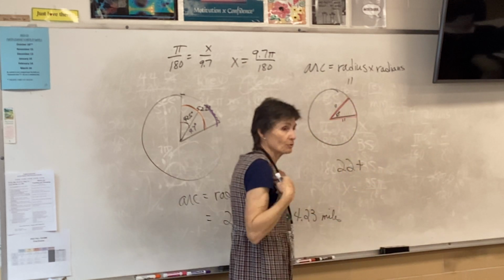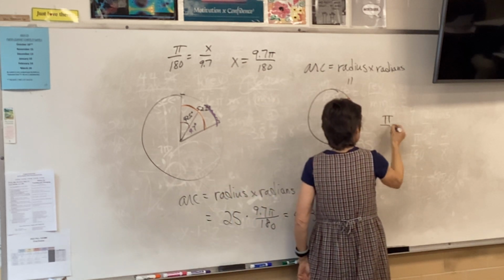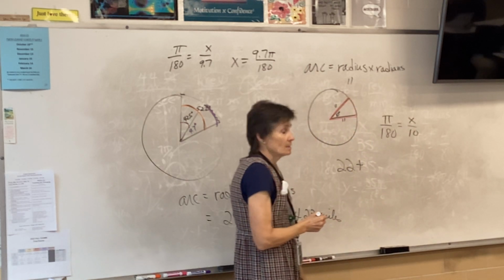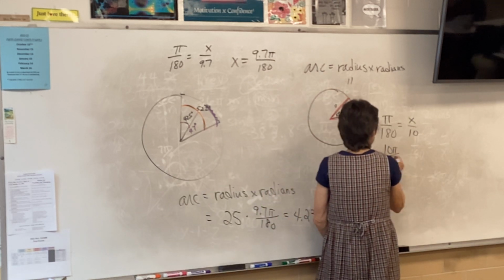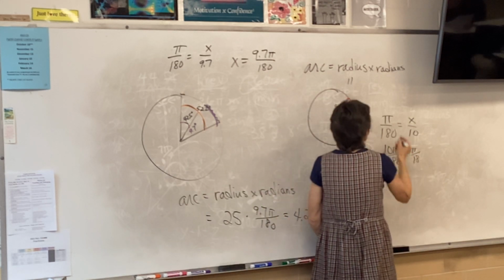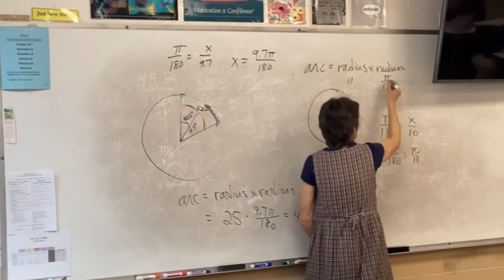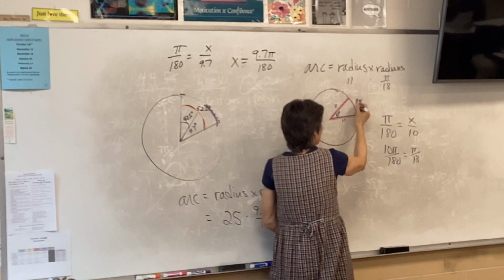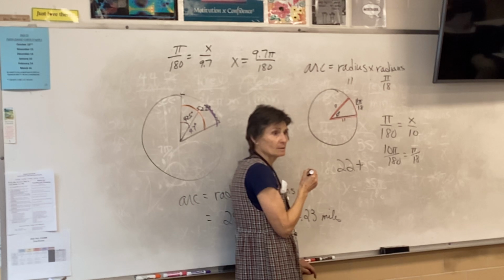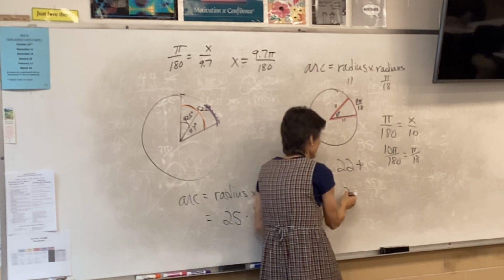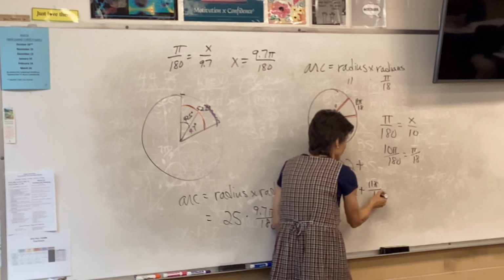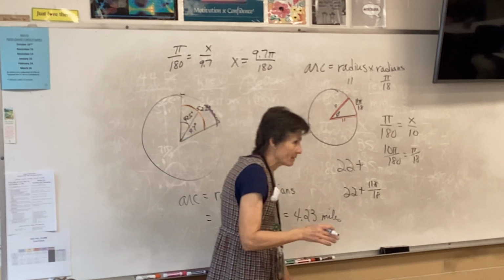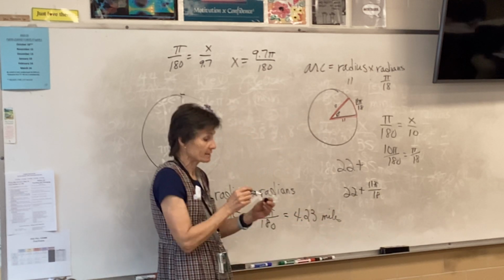So you do your thing, I'll do my thing. Pi is to 180 as something is to 10. So 10 pi over 180, which is pi over 18. So the measure of that arc is 11 pi over 18. So my answer is 22 plus 11 pi over 18. That would be my exact answer. Obviously, I could type 11 pi divided by 18 and get some decimal, but that would be the exact answer.